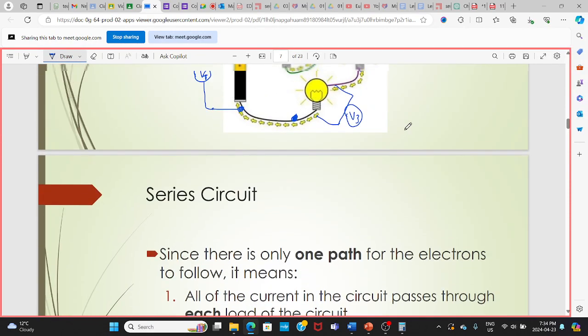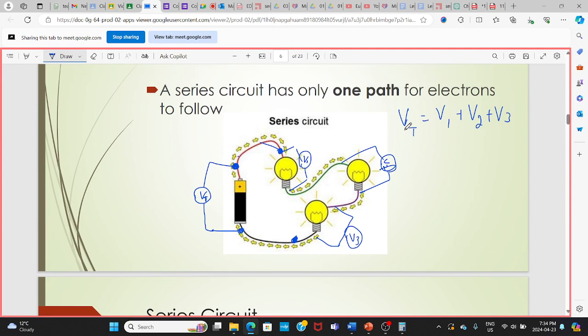Miss, why is V total V1 plus V2 plus V3 if you said the voltage is the same? Voltage is not going to be the same.